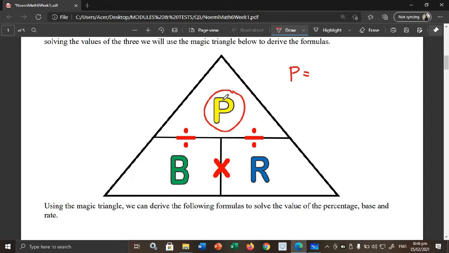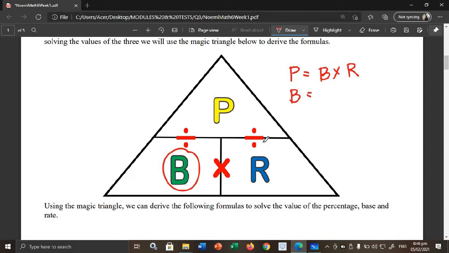To find the percentage, we will use these terms. B times R. So to know the value of the percentage, we need to find the product of B and R.